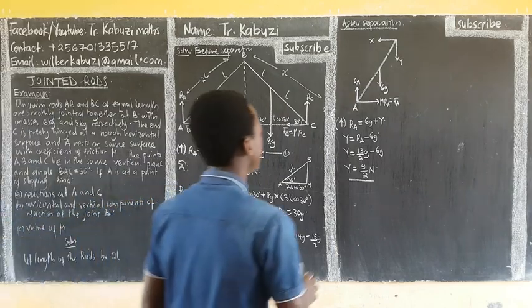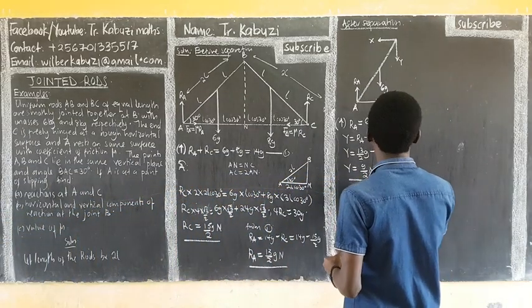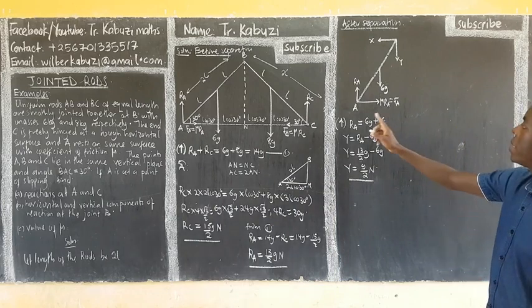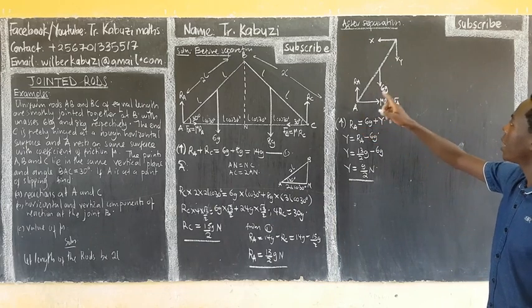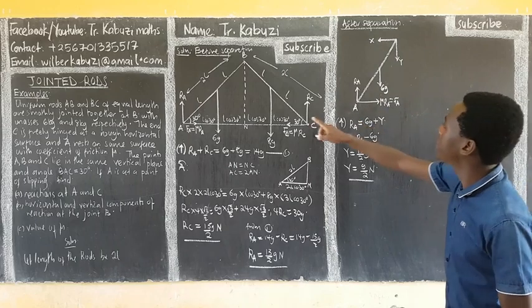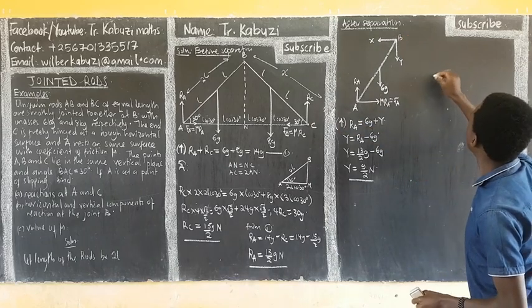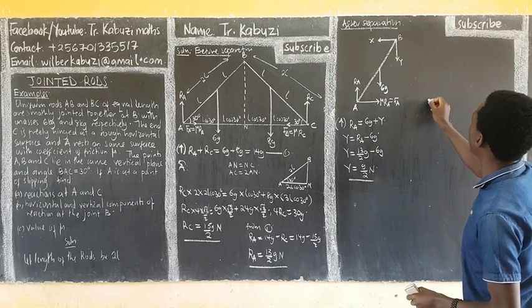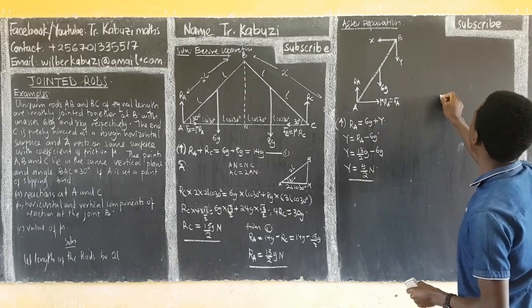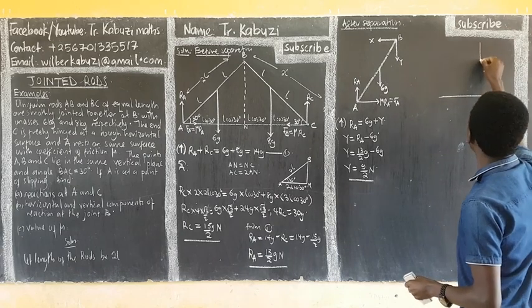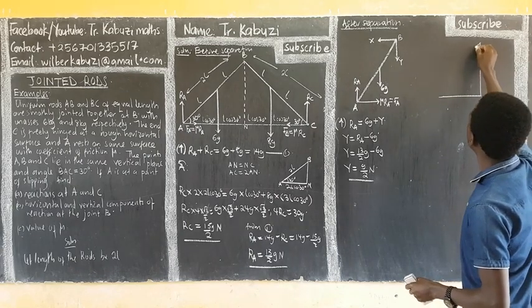Now, remember, after getting our Y, the remaining part is that we are going to take moments at A. But here, I want you to see this A. This is simply our B here. If you remember this triangle here, let me try to draw that triangle, which has only these two forces here.